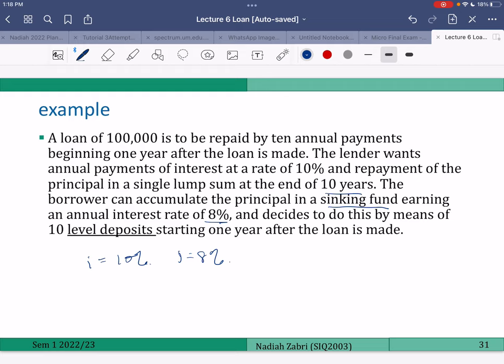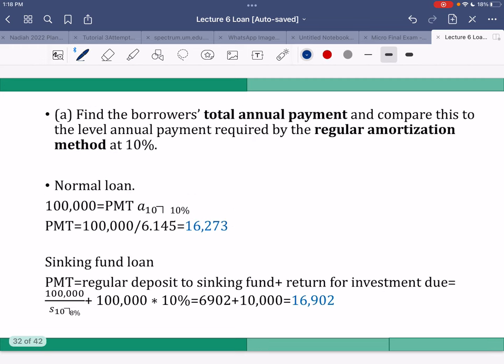Okay, so what is the question? Find the borrower's total annual payment. Total annual payment is RT. So the RT is constant or level. It's level because the deposit to the sinking fund is level, and also the interest due, which is LI, is also level.